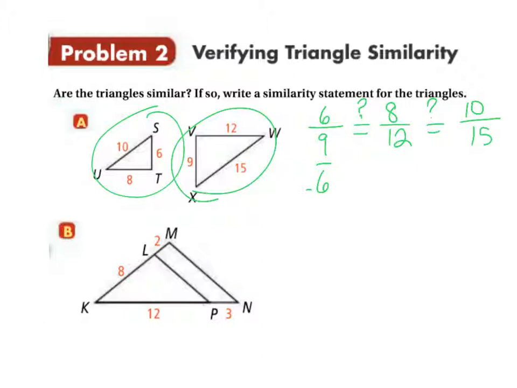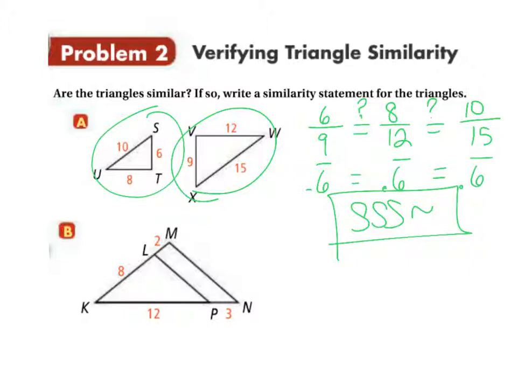Oh, it's also 0.6 repeating. And 10 divided by 15? Also 0.6 repeating. If those decimals are all the same, then those ratios are all the same, meaning the sides are proportional. I'm going to go side, side, side, similarity. That worked. If I got 2 of them to be the same and the third one different, it's not going to work, not going to be similar.